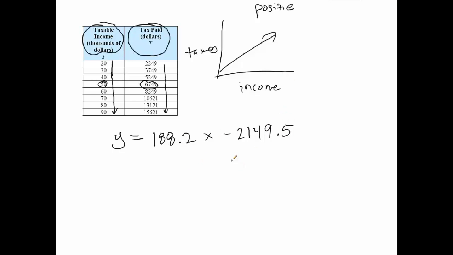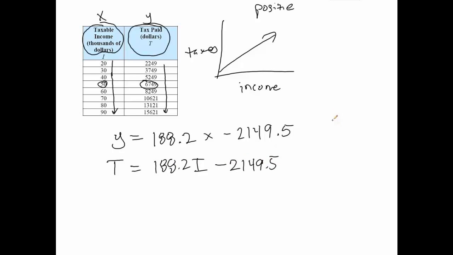So now I could go on and interpret this. Well, first of all, input x is the taxable income, and output y is the taxes paid. Let me just transfer symbols here. So y is really taxes, capital T, as indicated in the table, and income is capital I, minus 2149.5.